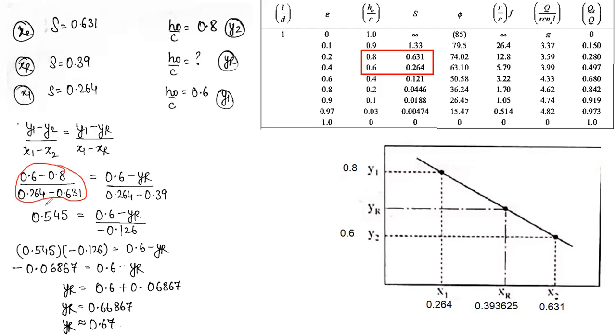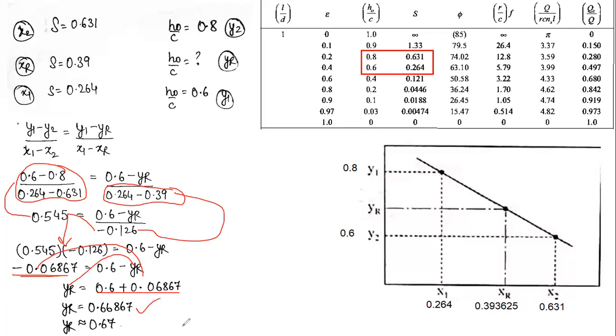When I do this part in my calculator, I'll get 0.545. When I do this other part in the calculator, obviously the answer will be negative. This will go over here and multiply like this. I'll get the answer as a negative value. Now negative YR will go to this side and become positive YR, and the negative value will come to this side and become positive.